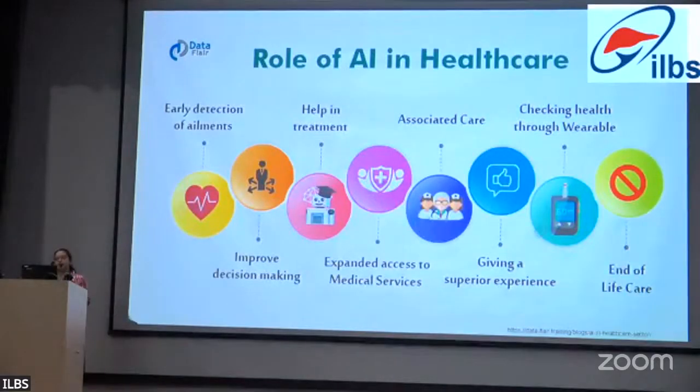With this capability, AI has a lot of applications in healthcare, like decision making, improved treatment planning, risk stratification, resource allocation, improved associated care, health monitoring through wearable devices, and end of life care. Different domains are there for AI applications.